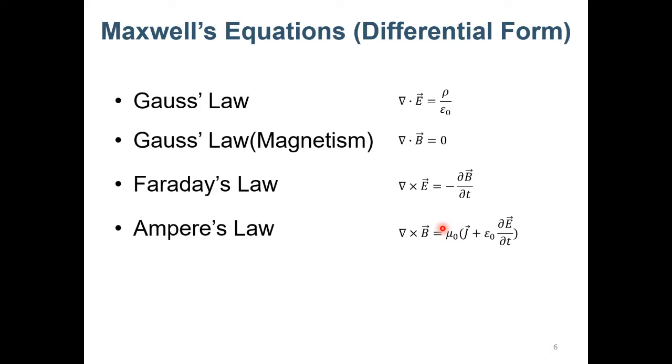If it is only a gradient, then it is the gradient. But if it is a dot here, it is called a divergence, and this is called a curl. This specifies how much flux there is in the space, and this one specifies how the E is rotating.